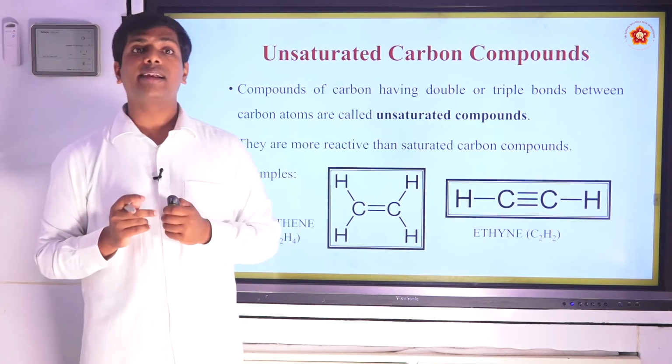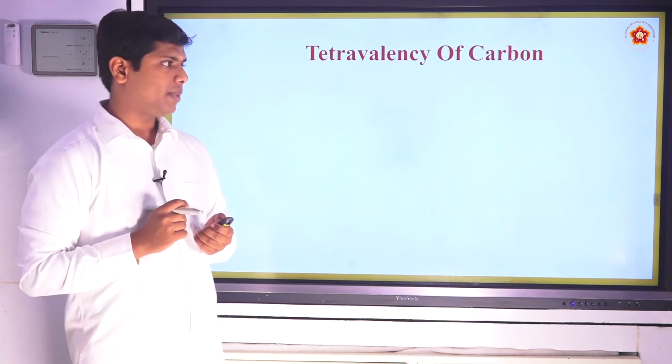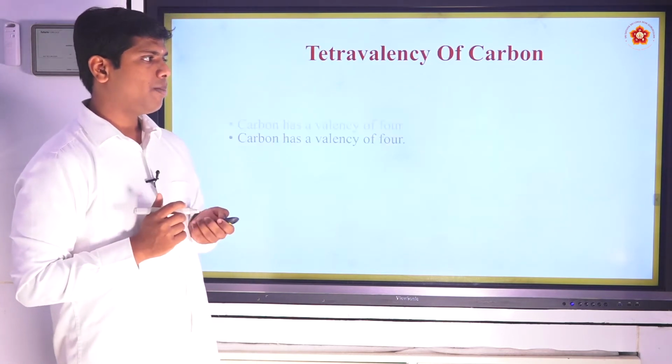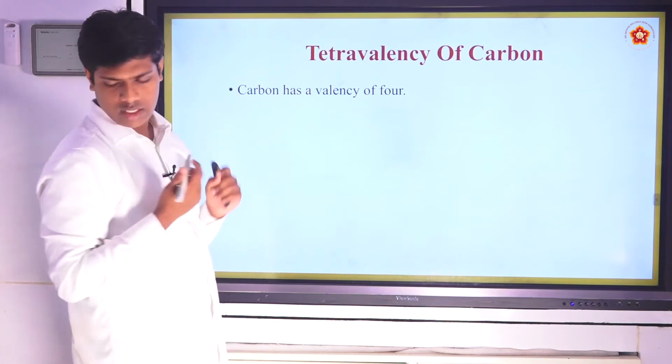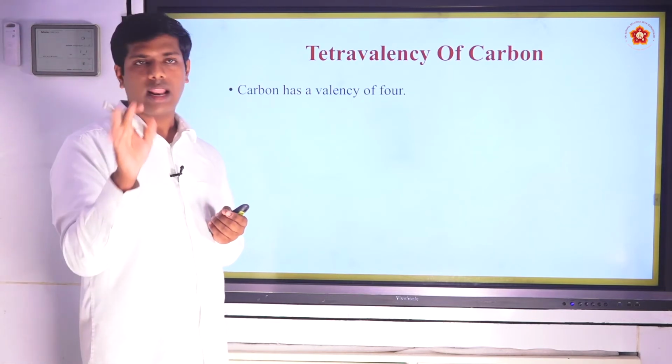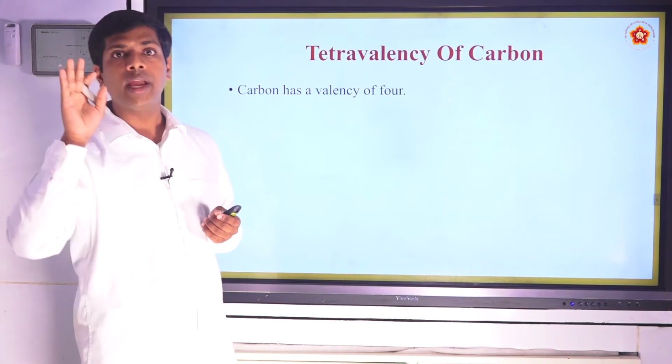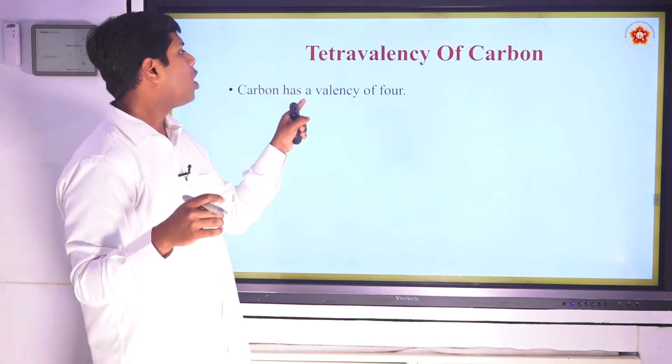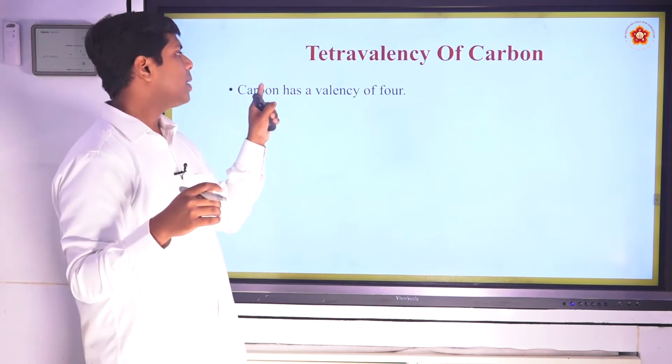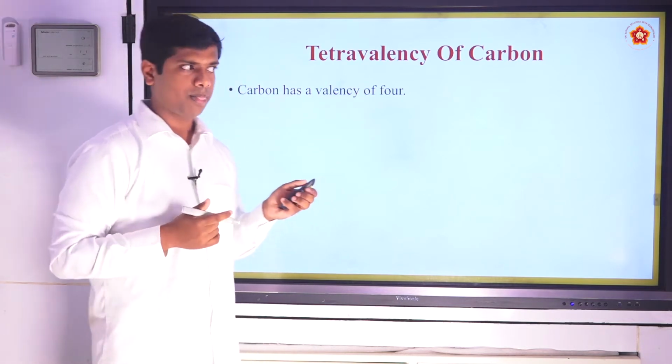Let us look at the tetravalency of carbon. Very important. First you have to write the atomic number 6, electronic configuration 1s2, 2s2, 2p2. Carbon has a valency of 4.